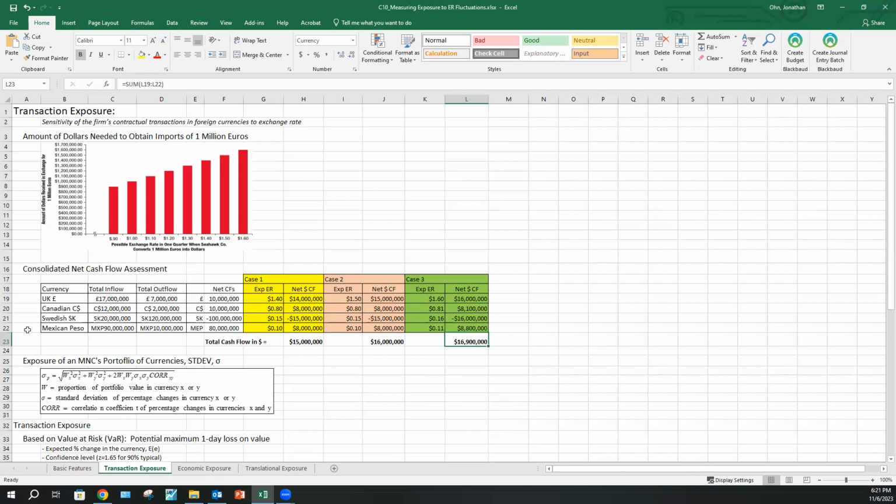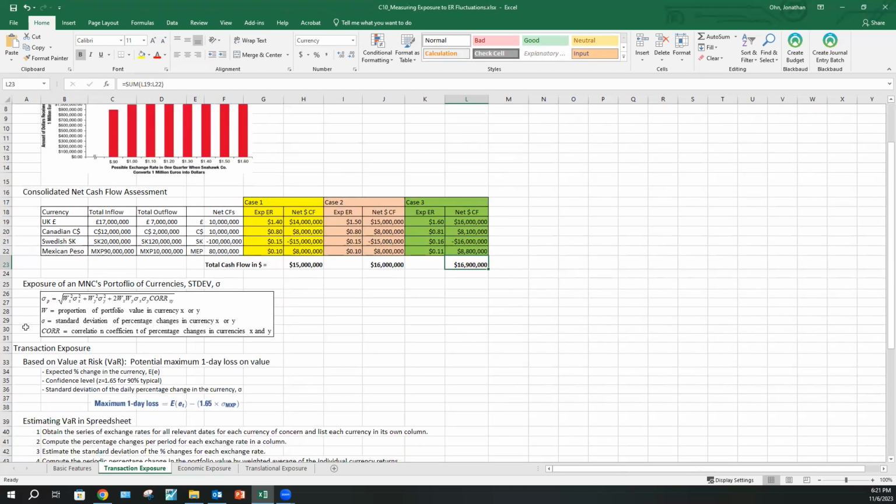Okay, now we talk about a portfolio of foreign currencies, right? In this case, 4 different foreign currencies. When you calculate the standard deviation as the measure of risk, exchange rate risk, that's a very common measure.